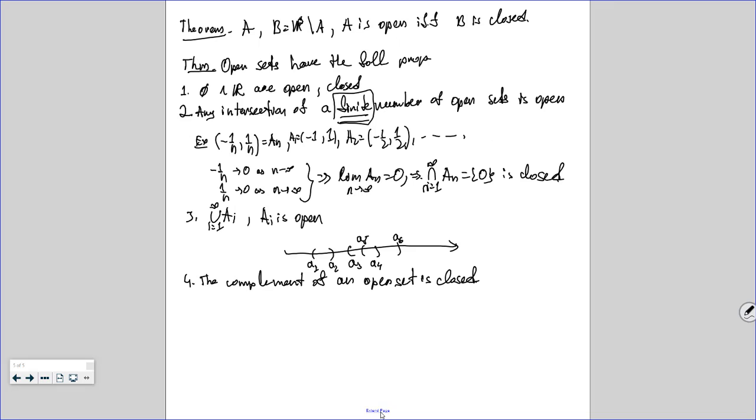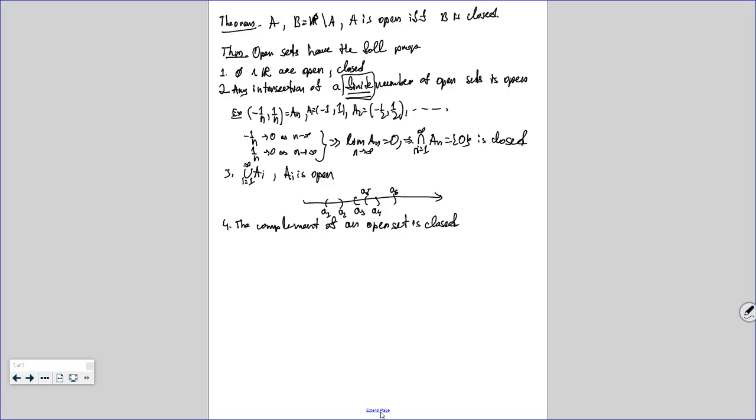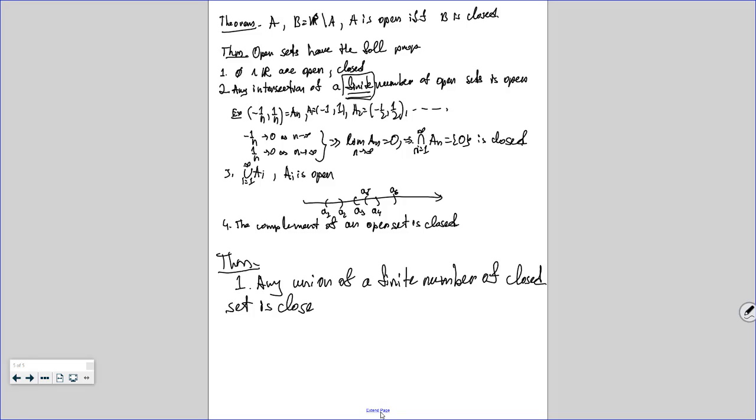Now let's give a couple more properties about closed sets. Any union of a finite number of closed sets is closed. Again, the finite here is very important.